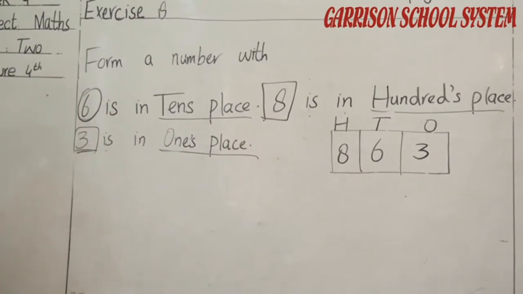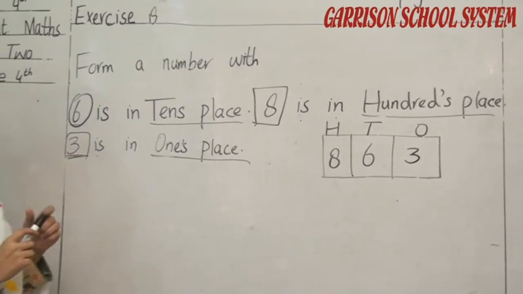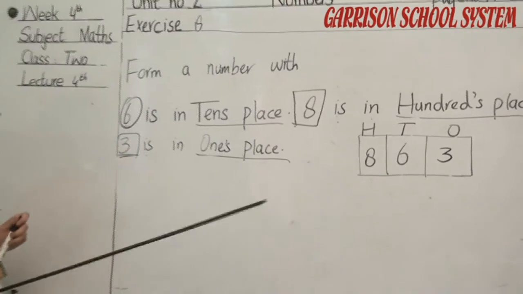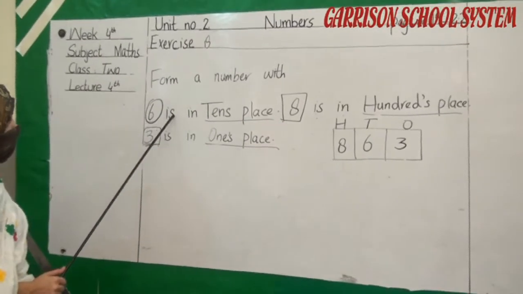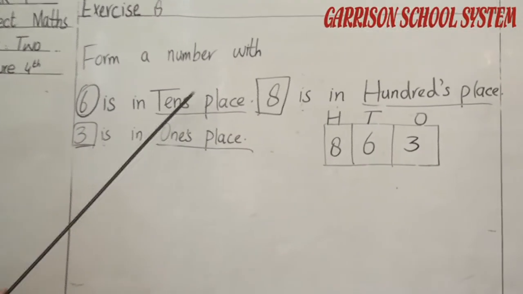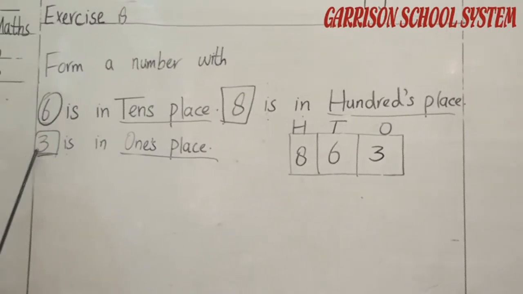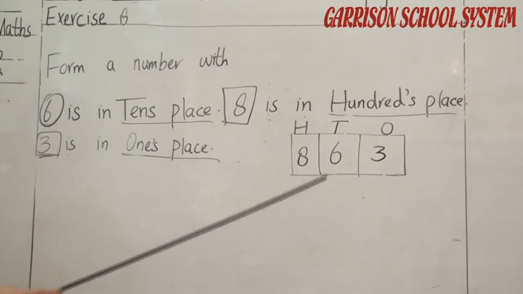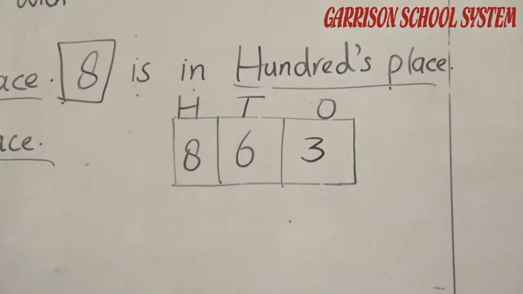We get the number 863. Okay, students? What should we do in this exercise? First of all, we read the statement carefully. 6 is in the tens place. Then 8 is in the hundreds place. Then 3 is in the ones place. We write ones, tens and hundred.